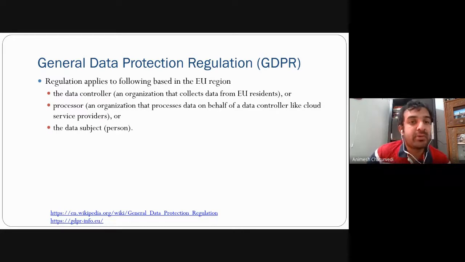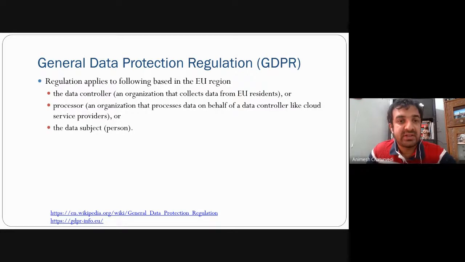Then who are the processors? Suppose an organization wants to process the data on behalf of a data controller, like a cloud service provider. This data processor is also under the control of the European Union, and their data processing is applicable under GDPR laws.